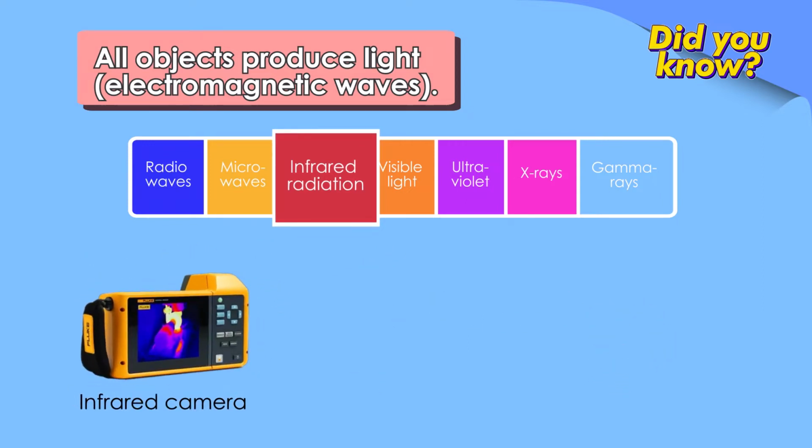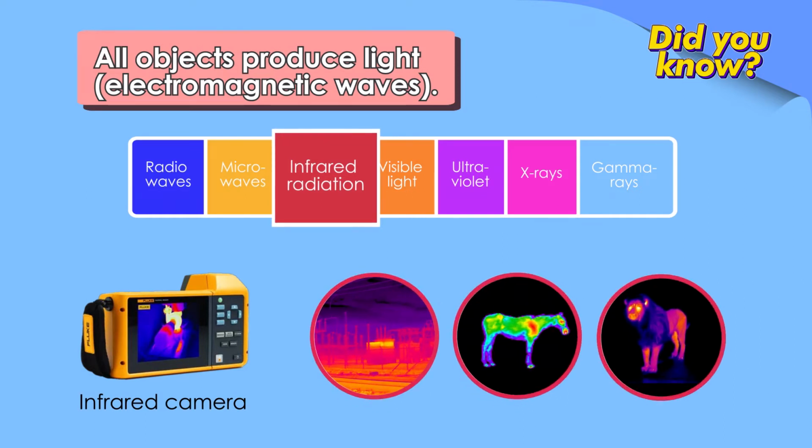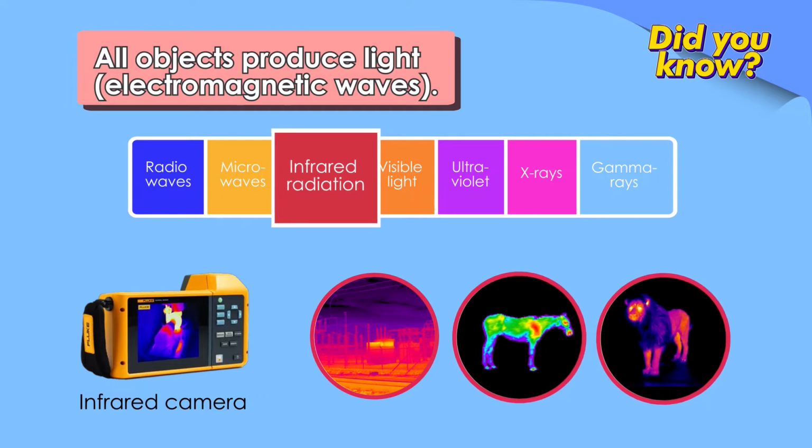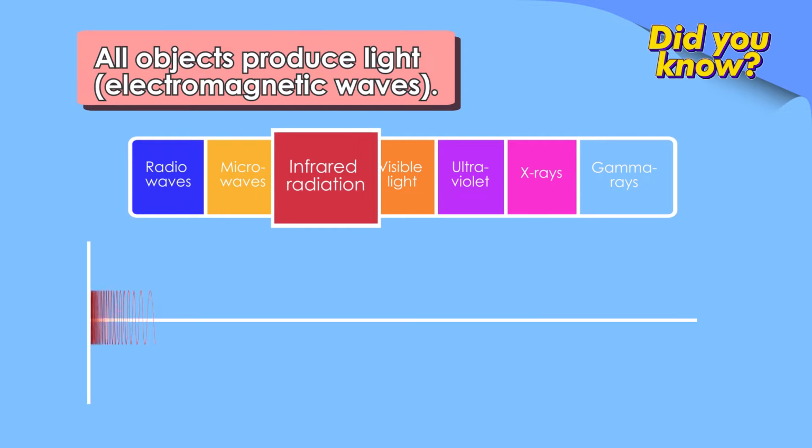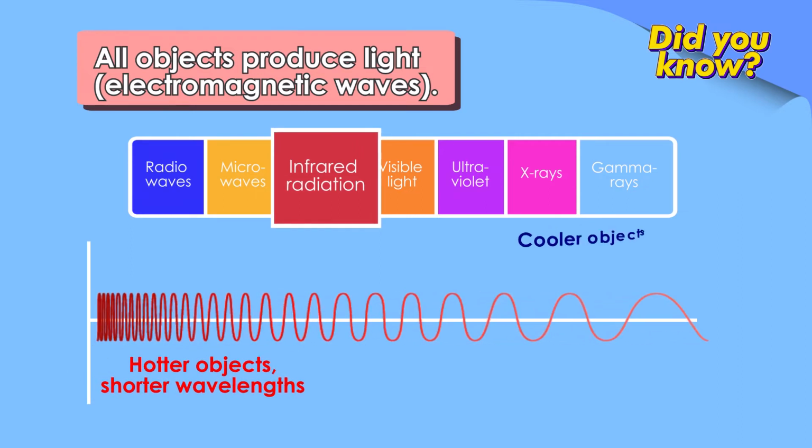If you have an infrared camera, you will see that different colors correspond to the different temperatures of the objects. Objects create shorter wavelengths as they grow hotter. The objects could eventually look red or white as the shorter wavelength is produced, and this is made visible to the human eye.